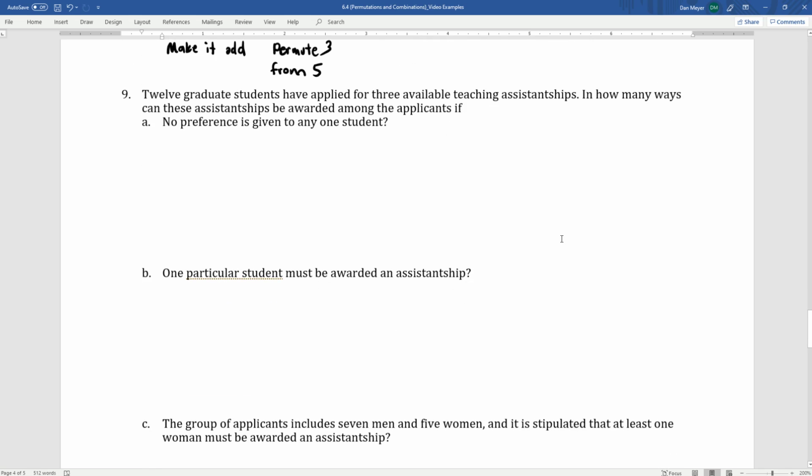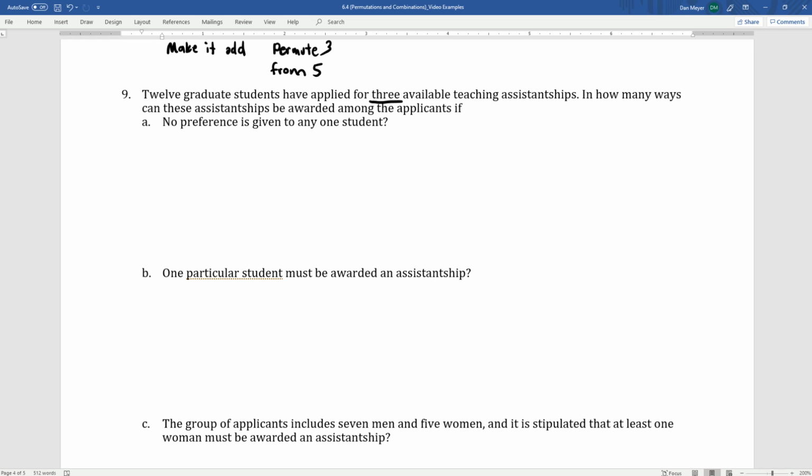Number 9, 12 graduate students have applied for 3 available teaching assistantships. In how many ways can these assistantships be awarded among the applicants if, in Part A, no preference is given to any one student? All right, so they're all going to get the same stipend. So once we select our 3, we have to pick 3 of these grad students.